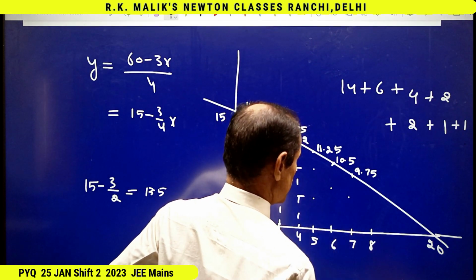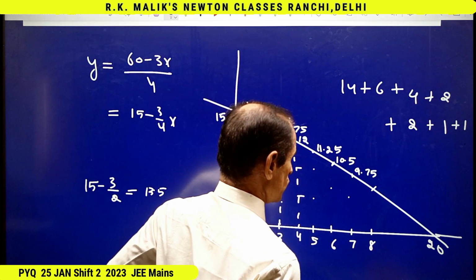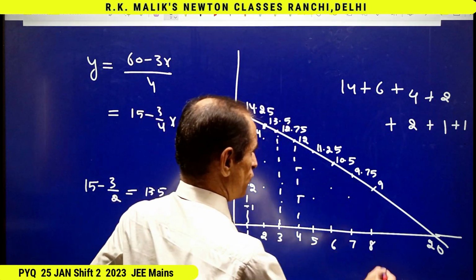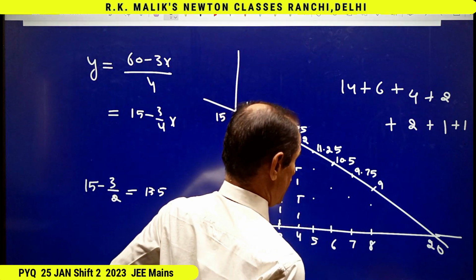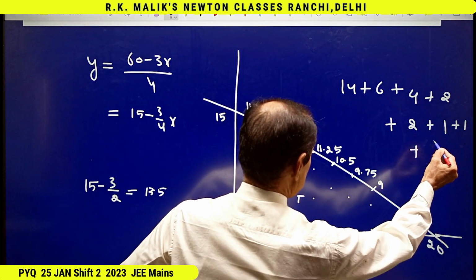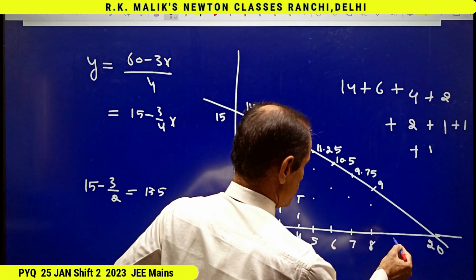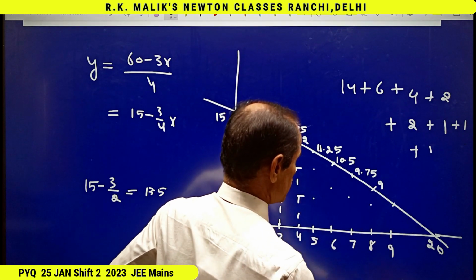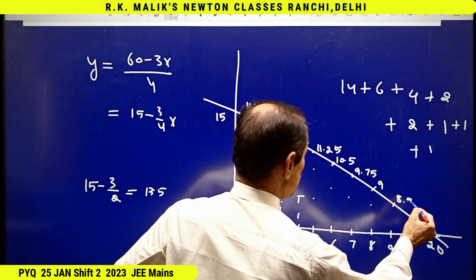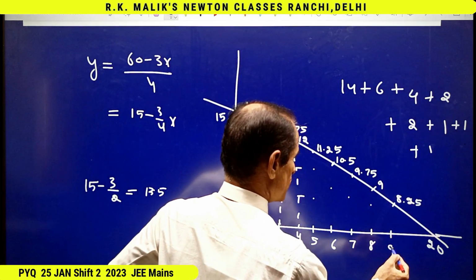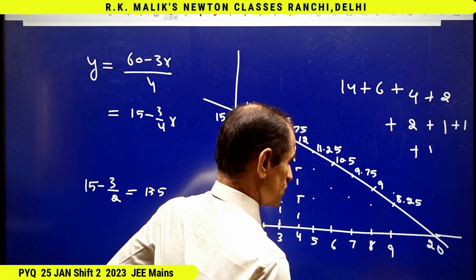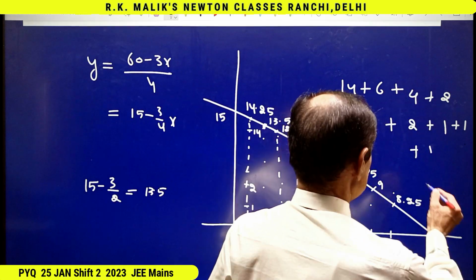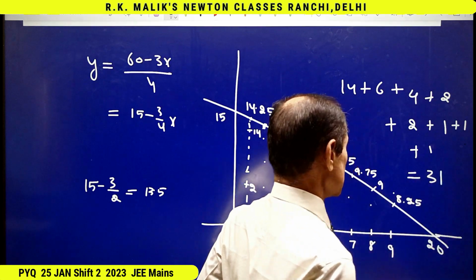For 8, y coordinate will be 9, and therefore on this line 8 is there, 1 point. For 9, this point has y coordinate 8.25, therefore 9 will go out. Therefore only these are the number of points. That is, there are 31 points.